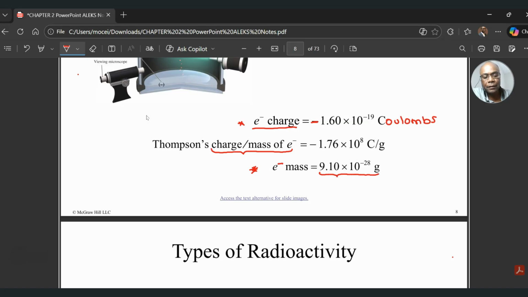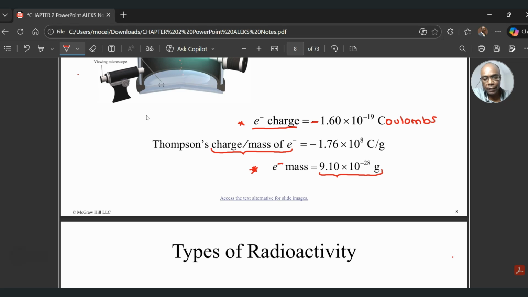An electron is almost weightless, massless. It's very, very light compared to protons and neutrons, which is why we don't use electrons in calculating the mass of an atom of an element.